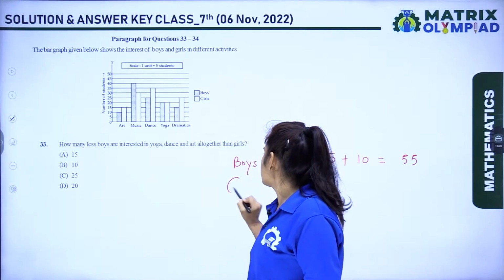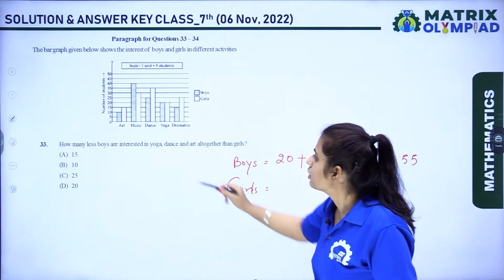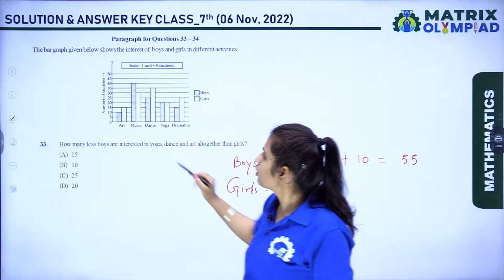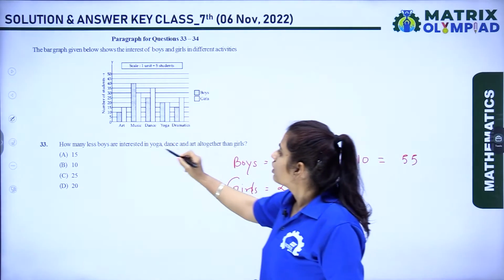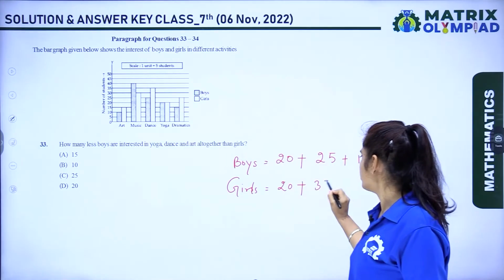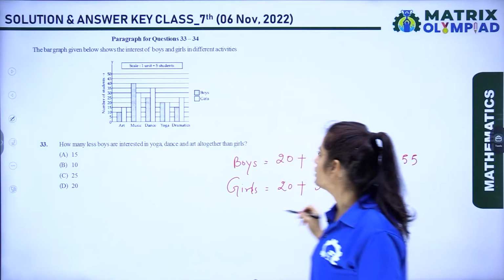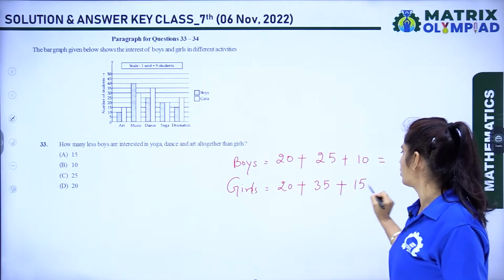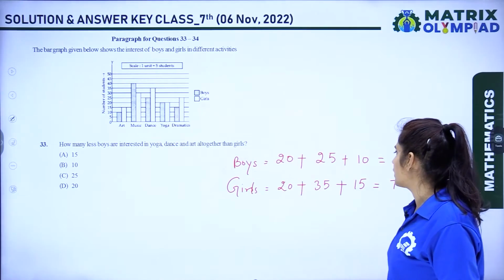Now for girls, in yoga we have 20 girls. In dance we have 35. And in art we have 15 girls. Altogether we have 70.